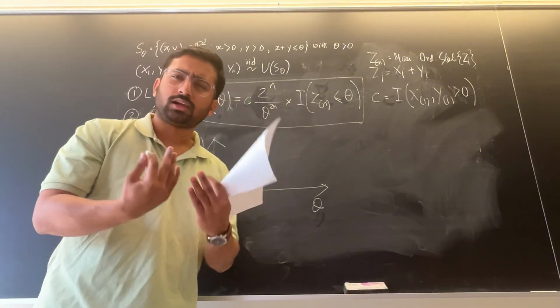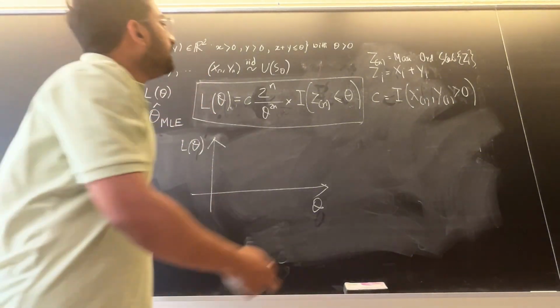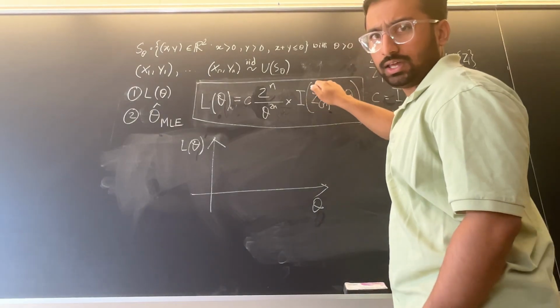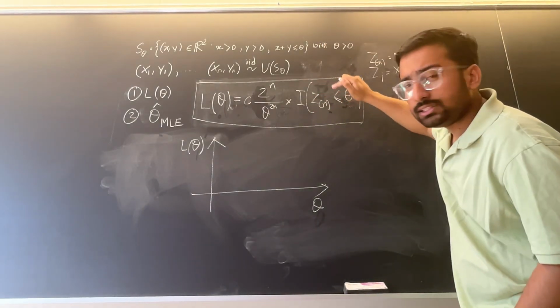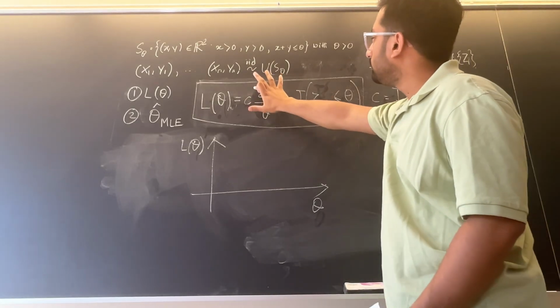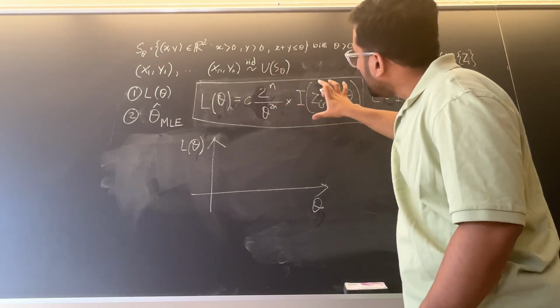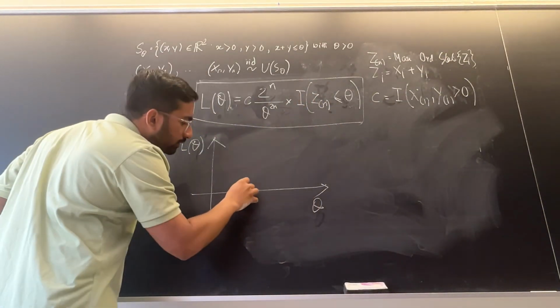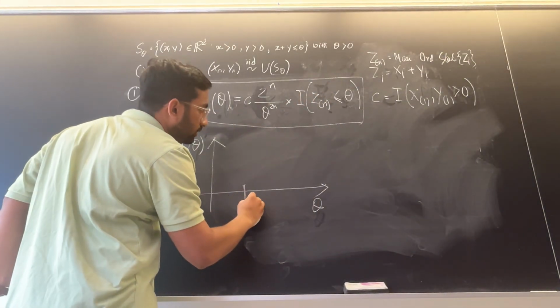Observe that when theta is greater than or equal to this specific quantity, the function has this value, else it is 0 because it's an indicator random variable. So this specific quantity, Z of n, is a very important marker.